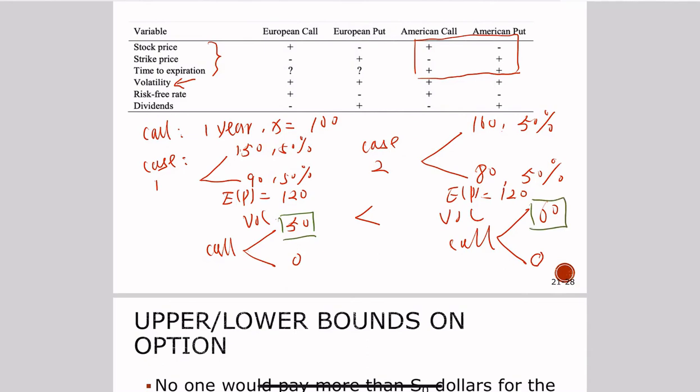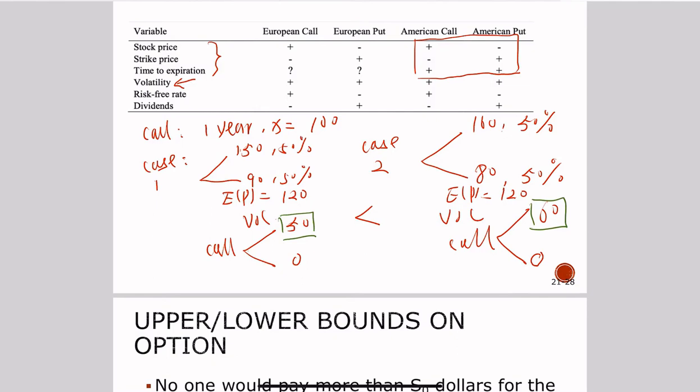What you can see here is the payoff for the call under case 2 is actually larger, right? So we know case 2 has larger volatility. Essentially, this means call is more valuable if volatility is larger.